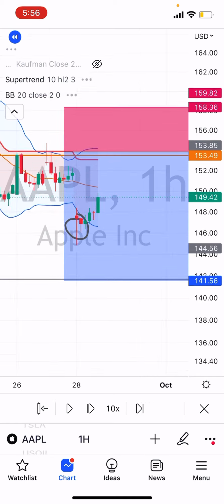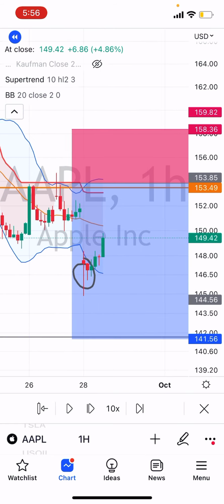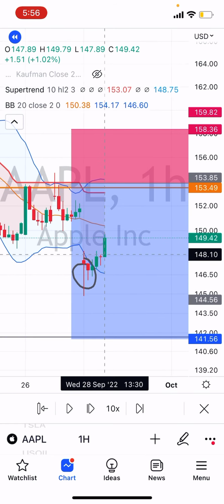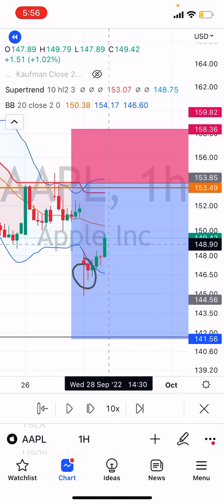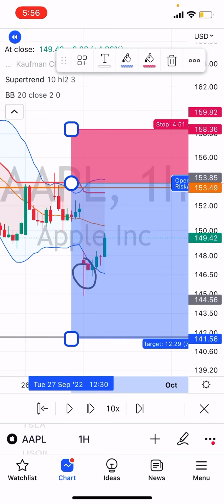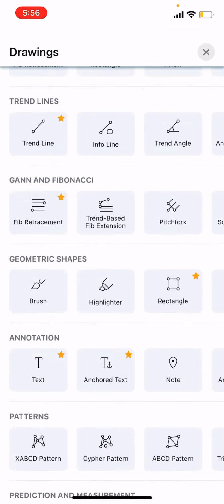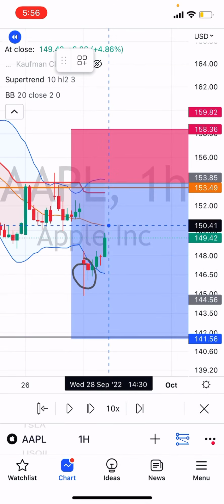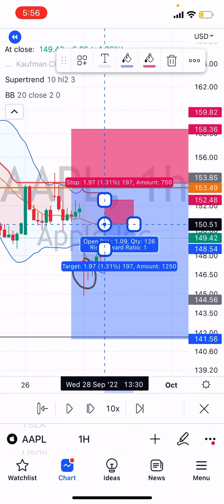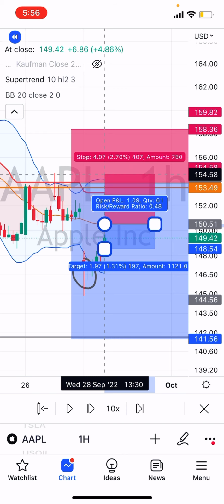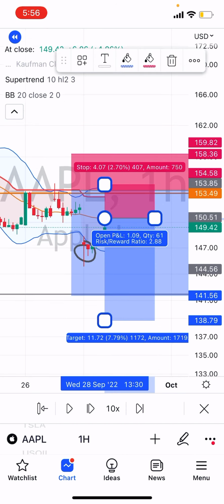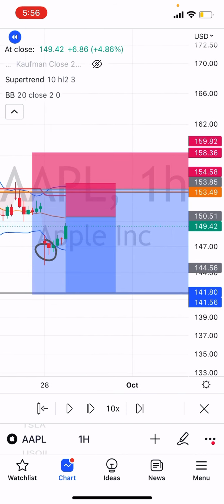So go back to the 1 hour time frame. We already hit a good area of take profit right here. We can take two trades. A stop loss here being at 158, and then another stop loss here at short position just above this line right here, down to 141.